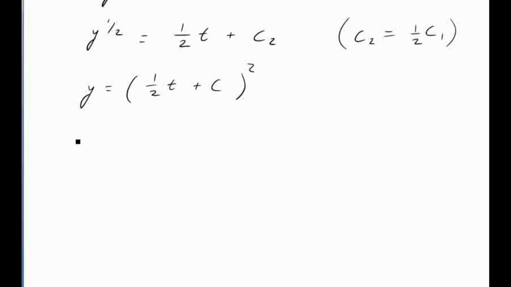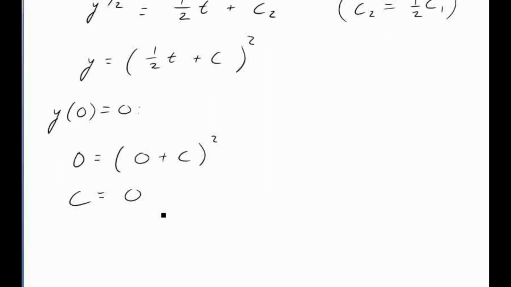If we wanted the initial value problem solution, then we need to actually plug in the initial condition, which was that y of 0 equals 0. And so then that's going to give us 0 for the y, and we plug in 0 for the t, and that gives us, of course, that c equals 0.